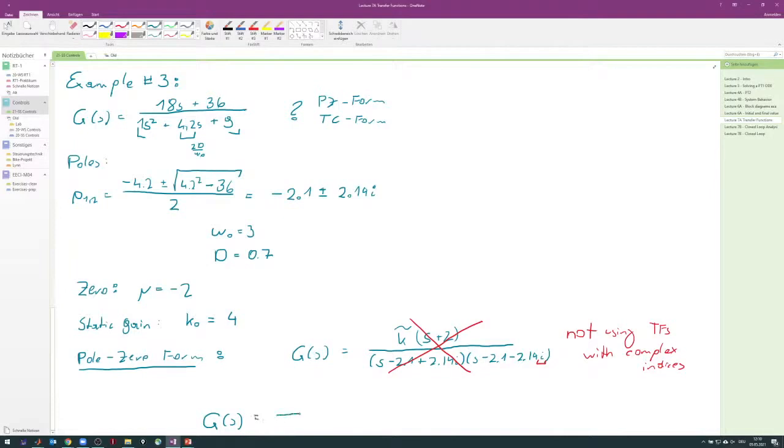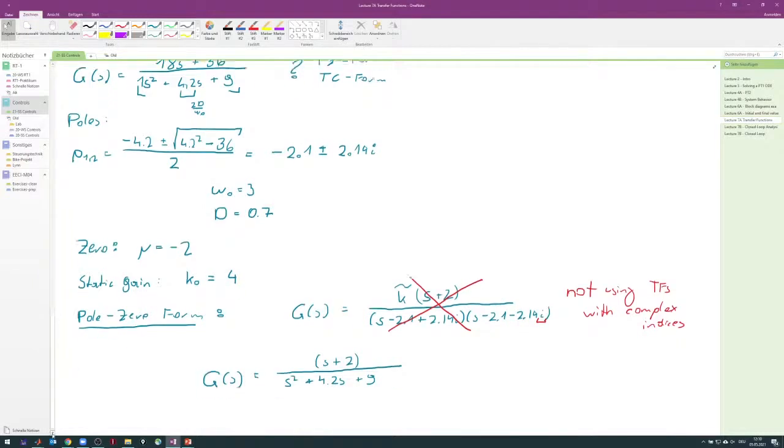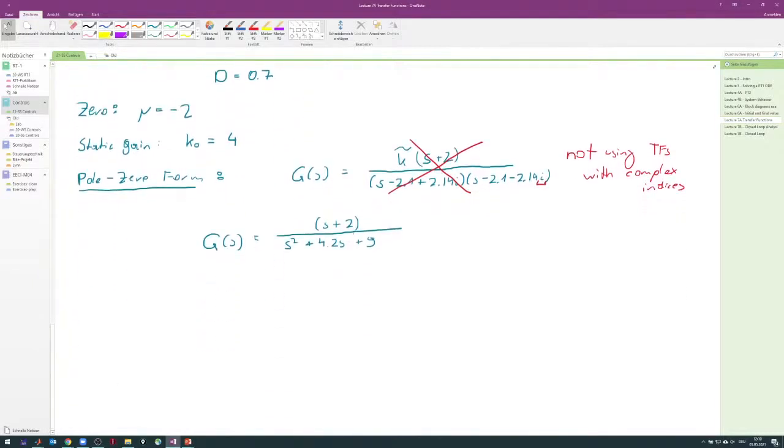So this guy is already in pole zero form, so we can just copy it. s squared plus 4 times 0.2s plus 9. Here, the zero we can bring into pole zero form, and now we only need to compute this K tilde. And this is going to be a job for you. So how big is K tilde?